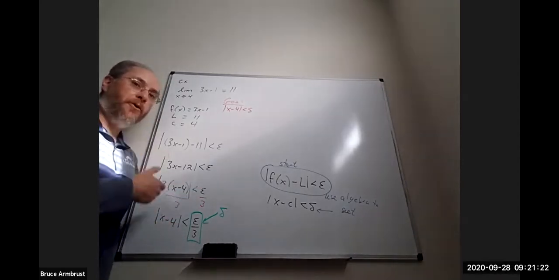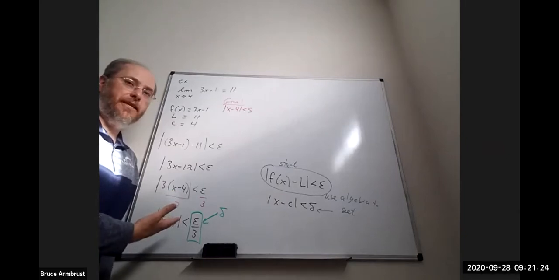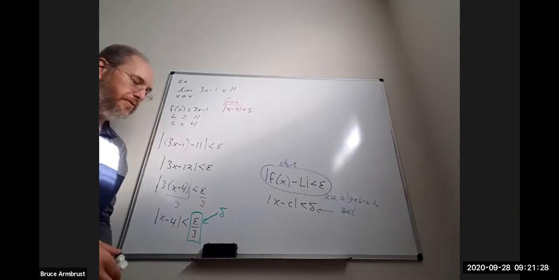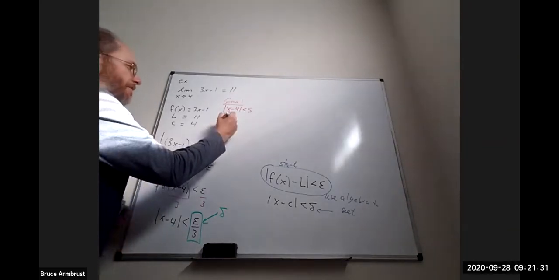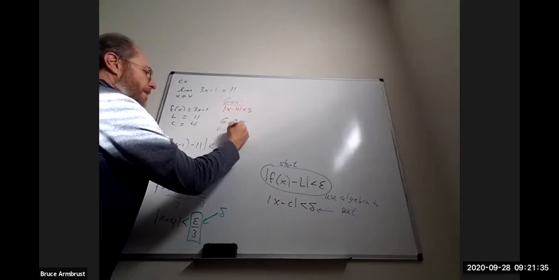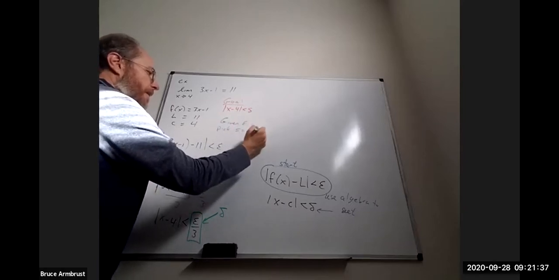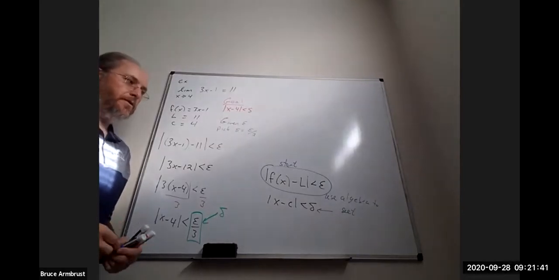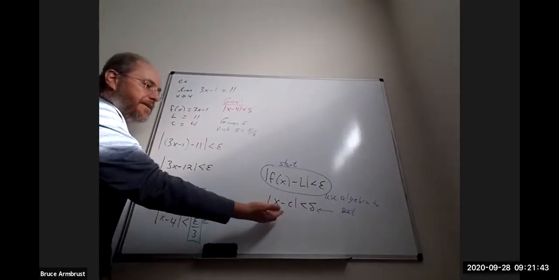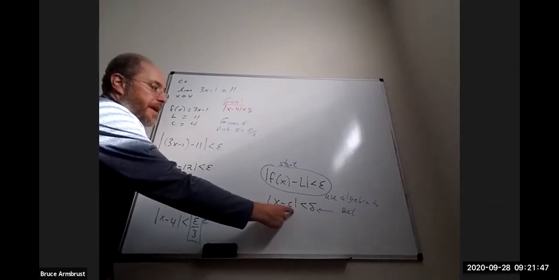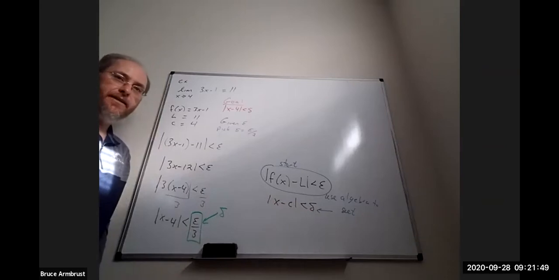So what we just did was craft delta. Now we can say, given epsilon, pick delta equal to epsilon divided by 3. The reason we needed x minus 4 all by itself is that then whatever's on the other side is my delta.